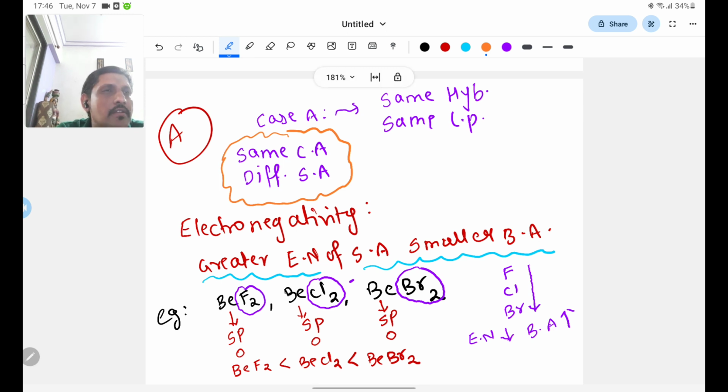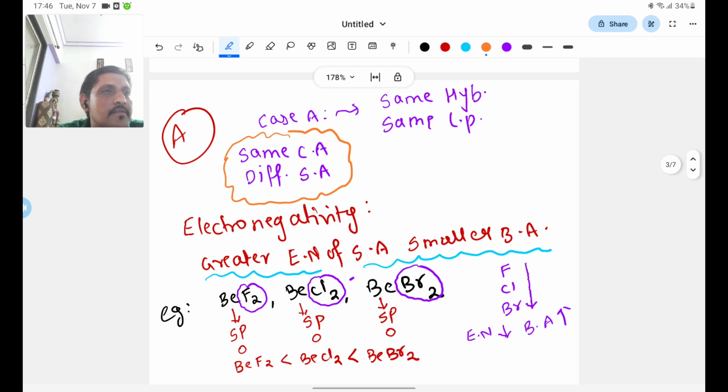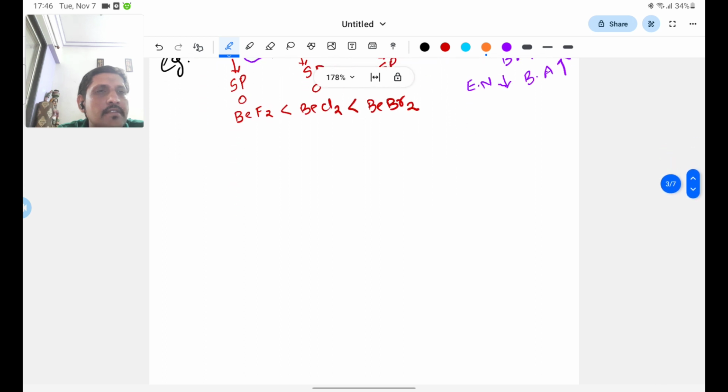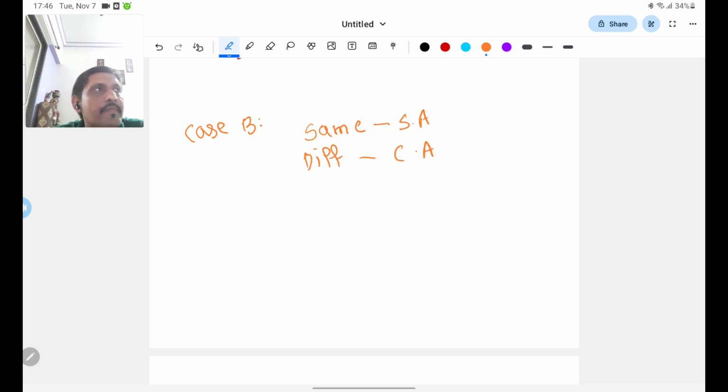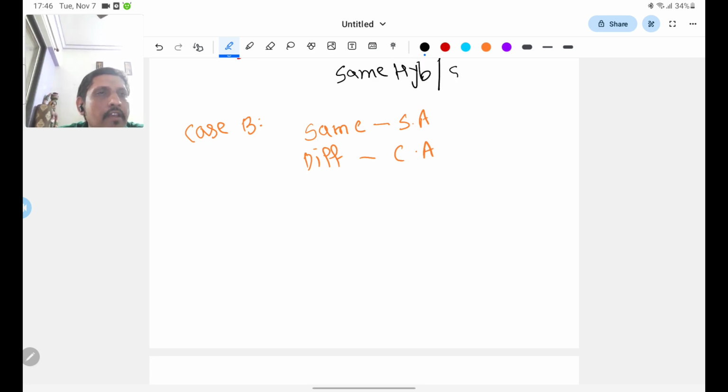Now we'll move to case number 2. What does the second case say? Second case says that we have the same side atom but different central atom. Here also we have the same hybridization, other conditions are the same, and we have the same number of lone pairs. This condition remains the same.